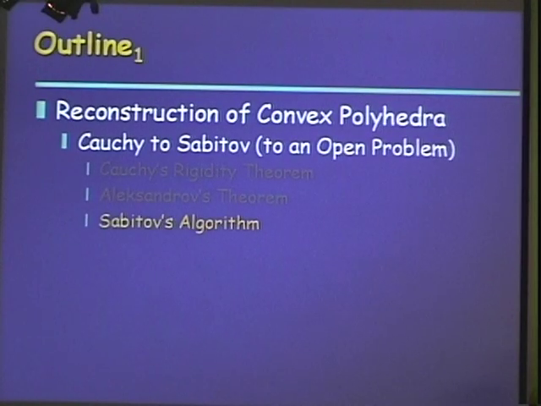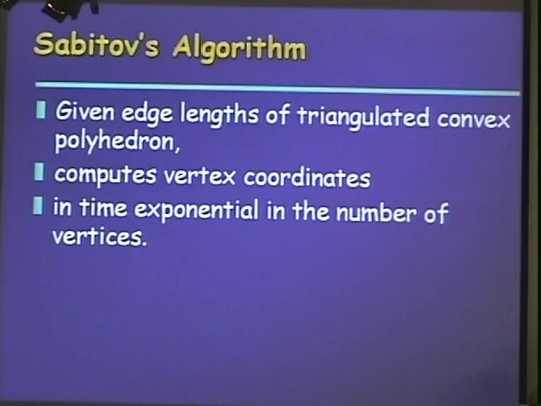Okay, let me now turn to Sabitov's algorithm. What Sabitov's algorithm does is it takes the edge lengths, let's say, of a triangulated convex polyhedron, and it computes the vertex coordinates.